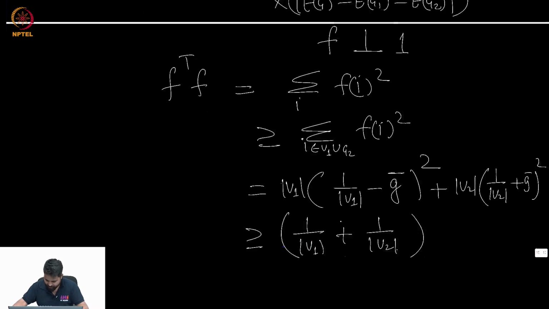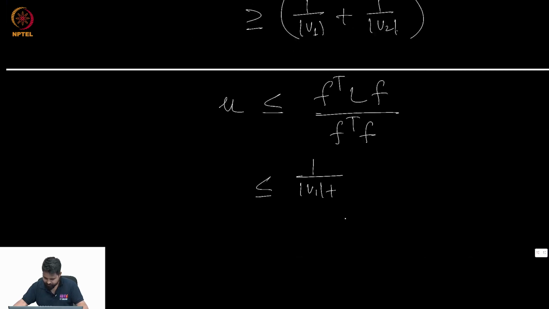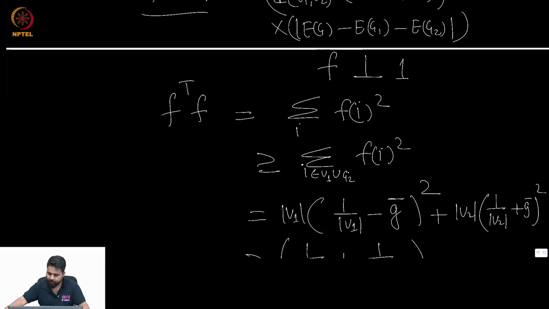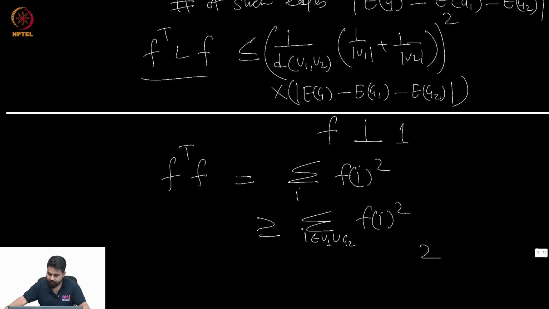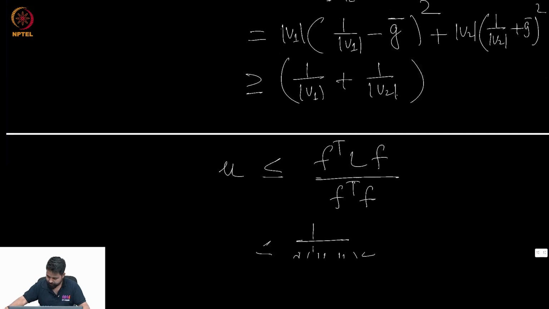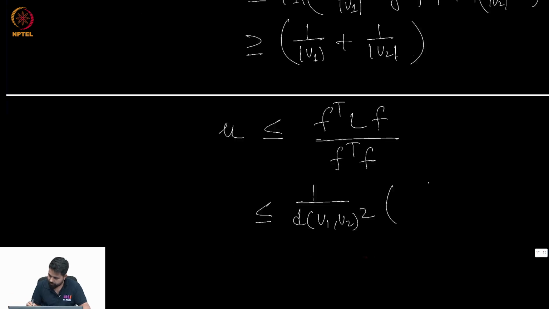Yes, it was the distance of V1 comma V2 square. And then the quantity here, if we write this, then the quantity 1 divided by mod V1 plus 1 divided by mod V2, and then again square.